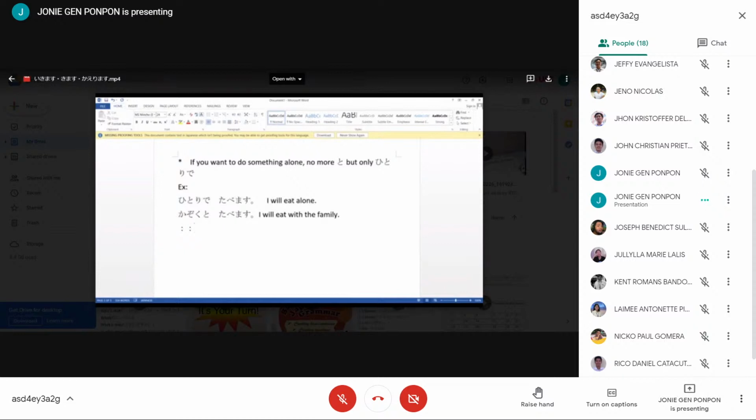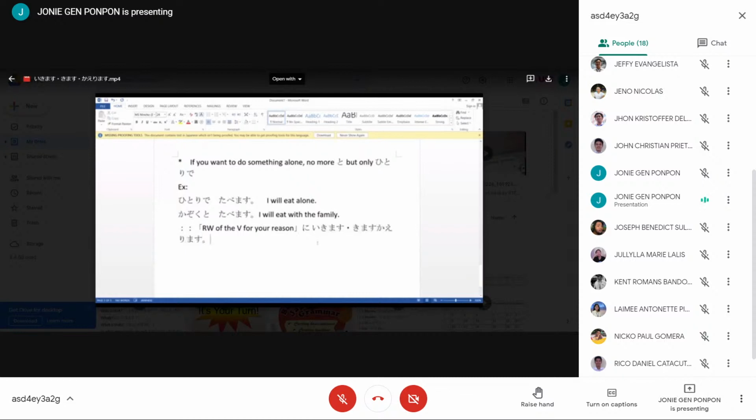So the sentence pattern for that is just get the root word of the verb of the reason, why you will go there, and then add the ni particle, and then diretso sa ikimas kung to go, and then if it is to come, kimas, if it is to go home, that is kaerimas.